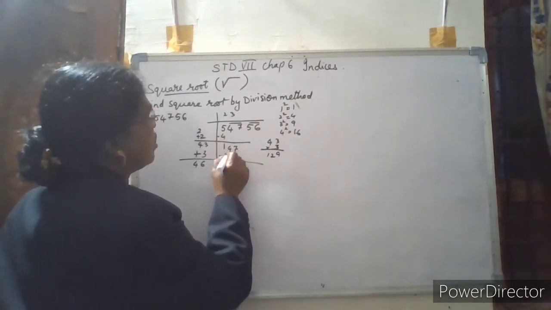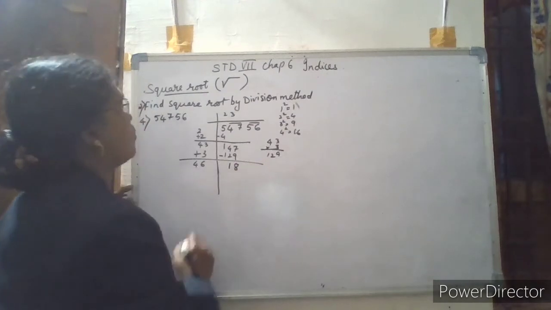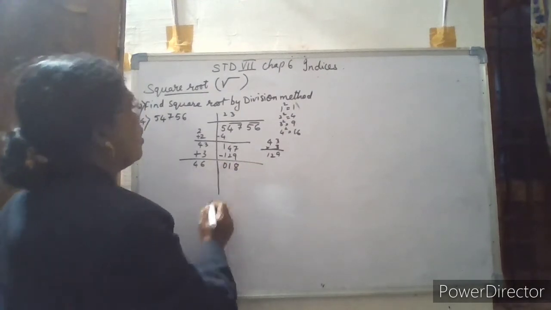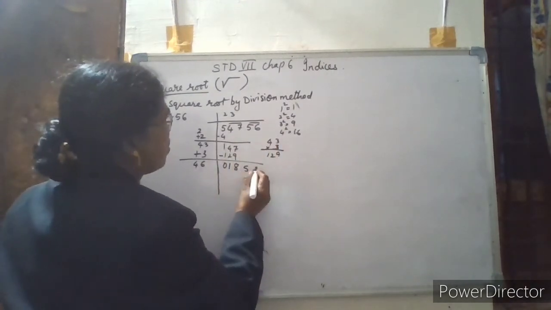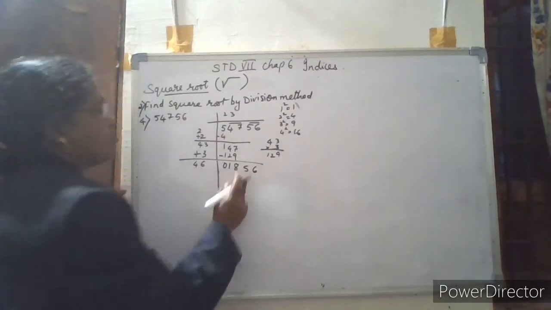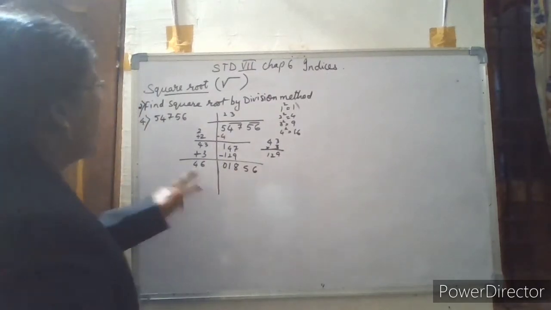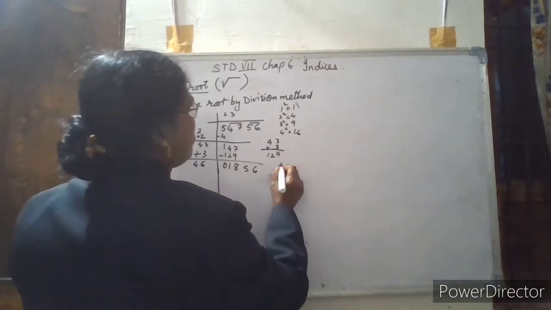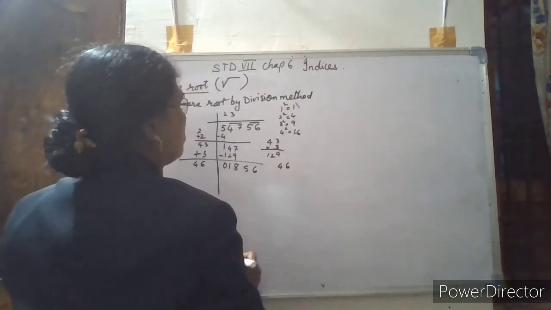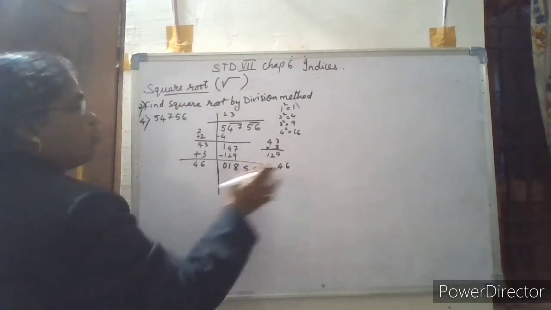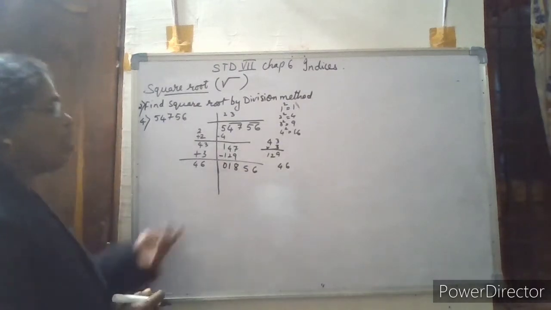Now 18. It is 0 here. Bring down this 5, 6. Now it is 1856. Take this 46 again. Now this is the last 2-digit number you have brought down.